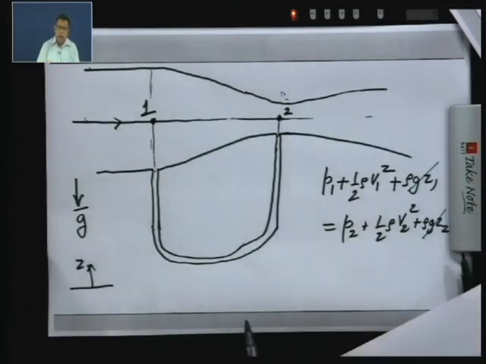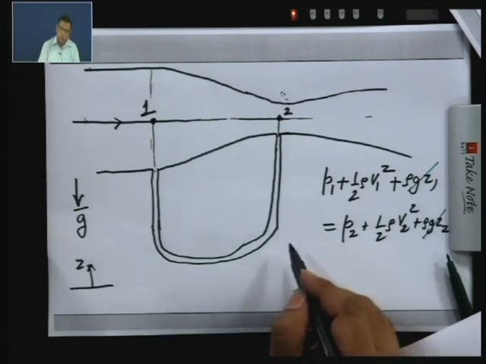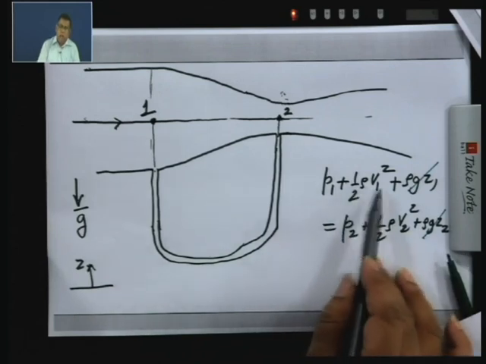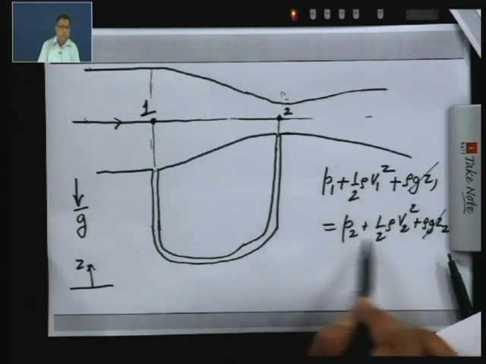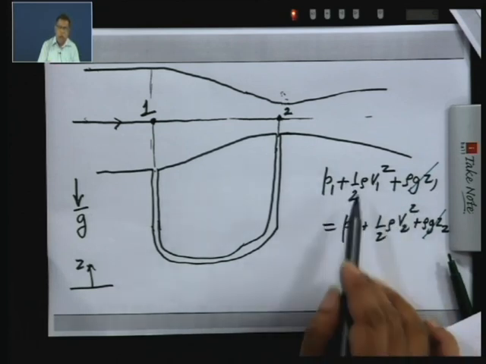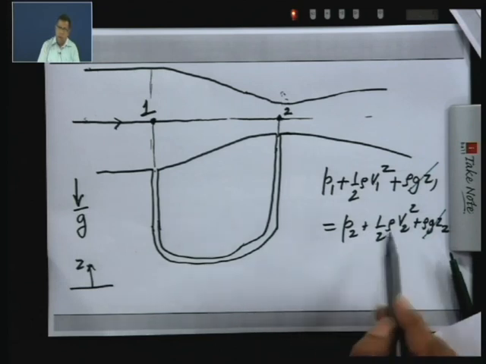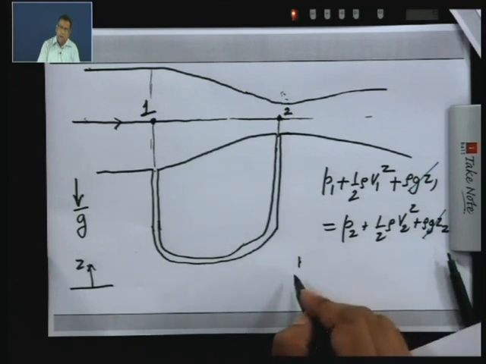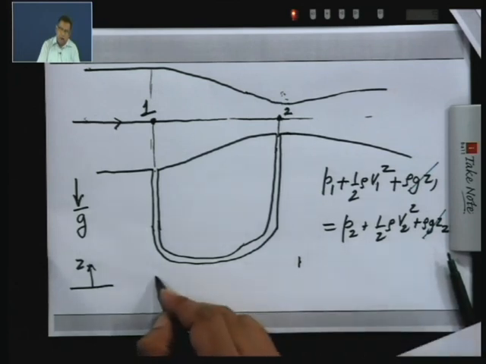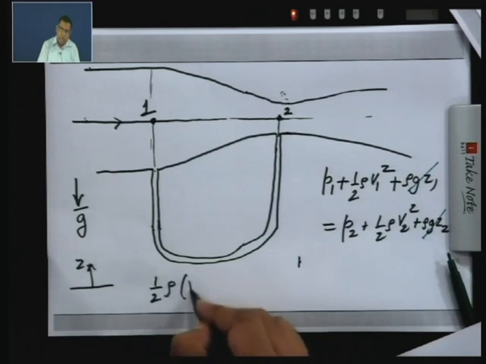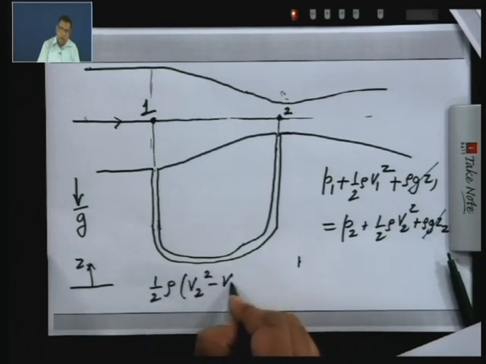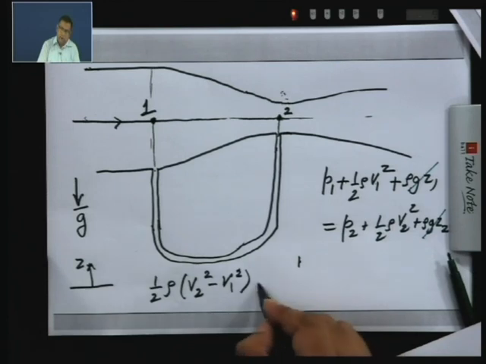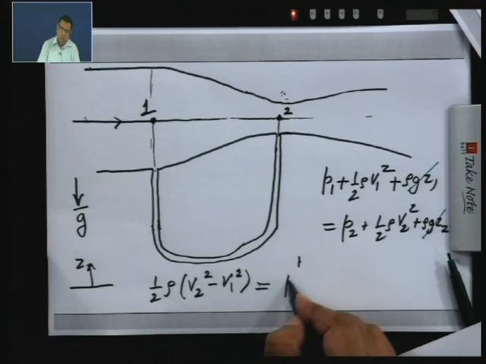Now, let us go back to the figure which we drew. From here you can see that V 1 and V 2 are linked through this equation, and I can rewrite this equation as half rho into V 2 squared minus V 1 squared is equal to P 1 minus P 2.